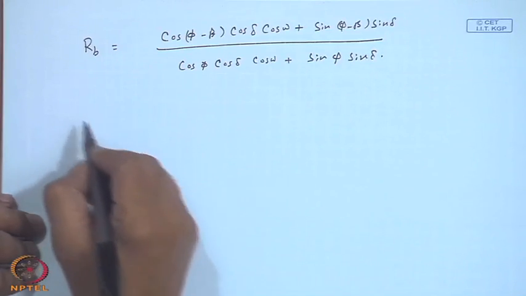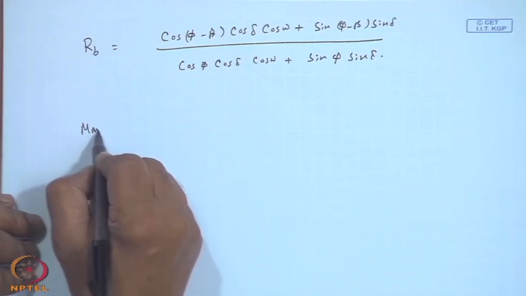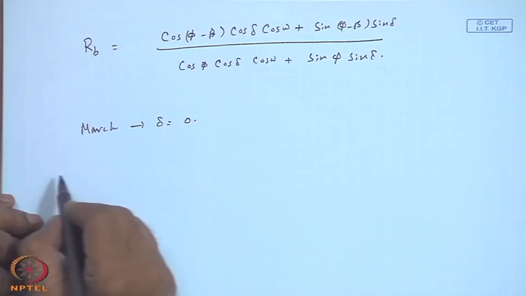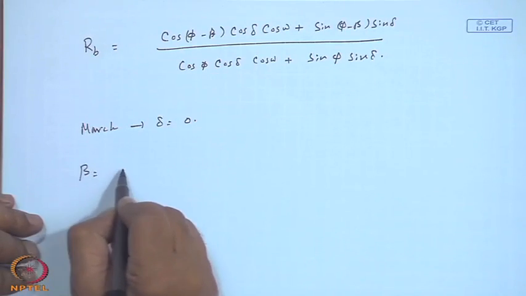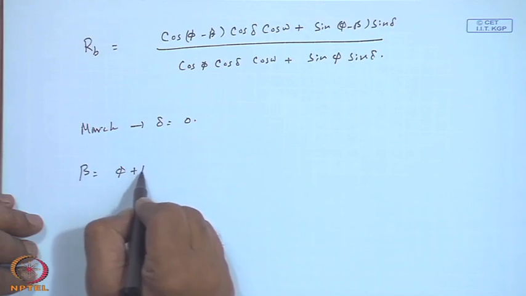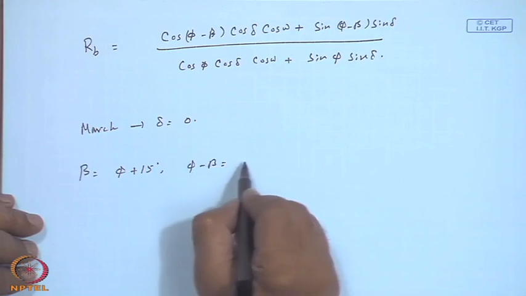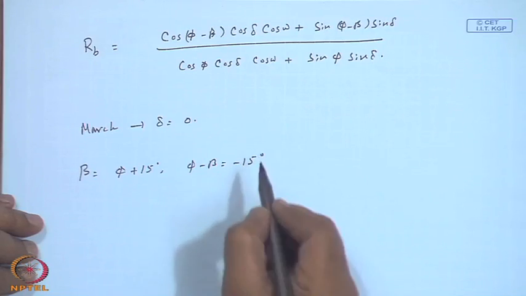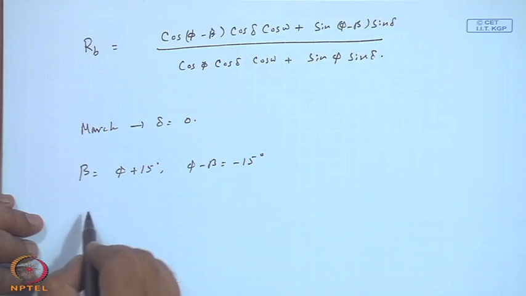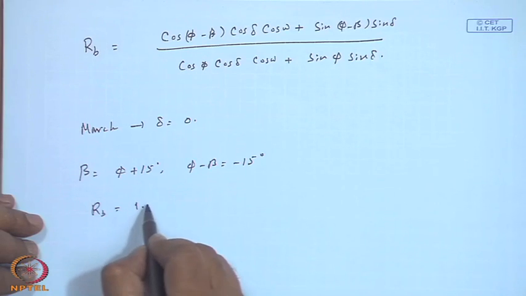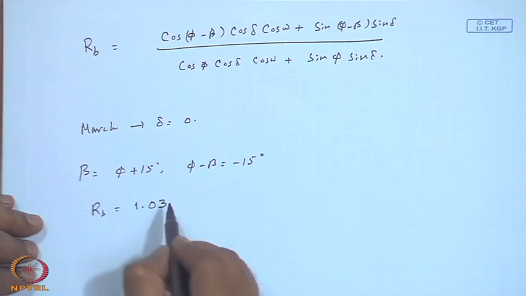First, we take up March with delta equal to 0, and if beta equal to phi plus 15 degrees, phi minus beta is minus 15, and RB is, I have done the calculation last time, 1.09.